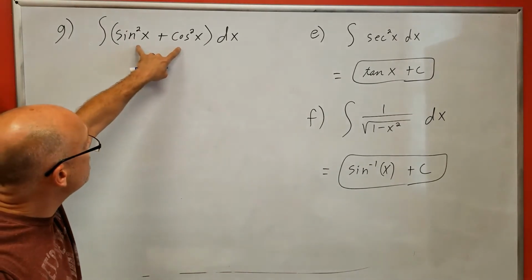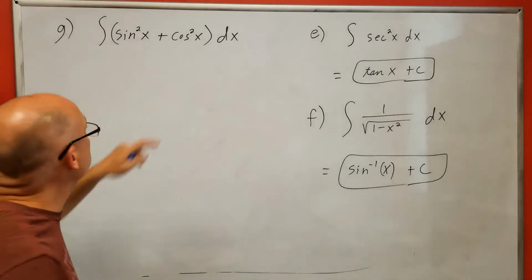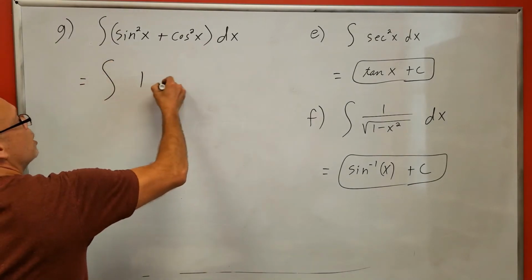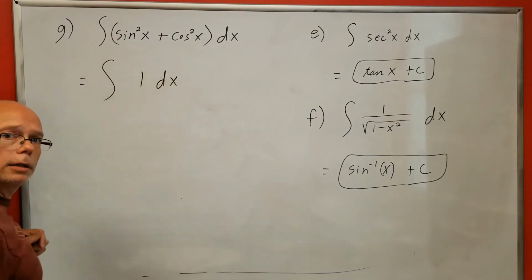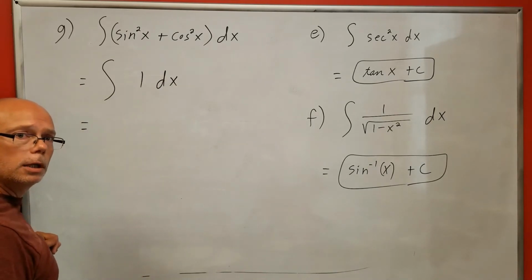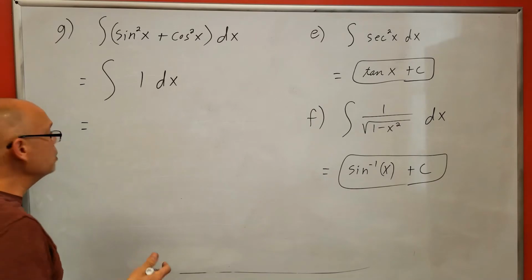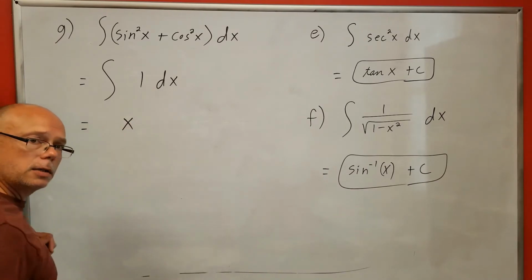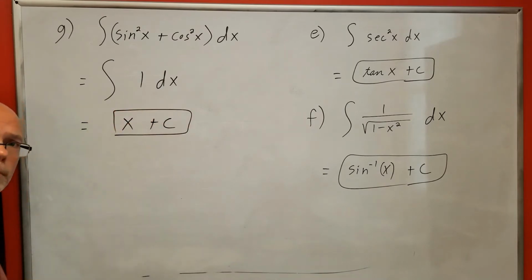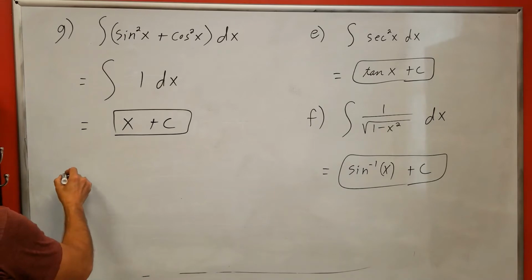But what stands out right away about this? That's an identity, right? So let's call all this 1, according to my identity from trig. Well, what's the antiderivative of 1? In other words, what do I take the derivative of to give me 1? Wouldn't that be x? And then plus c, right?